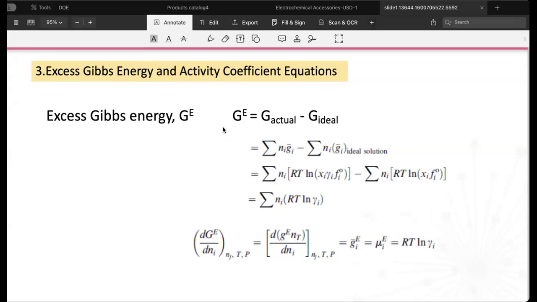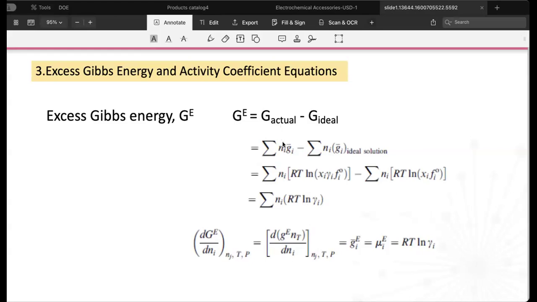But anyway, if we focus on excess Gibbs energy, what is excess Gibbs energy? Excess property. What is the idea of the excess Gibbs energy?